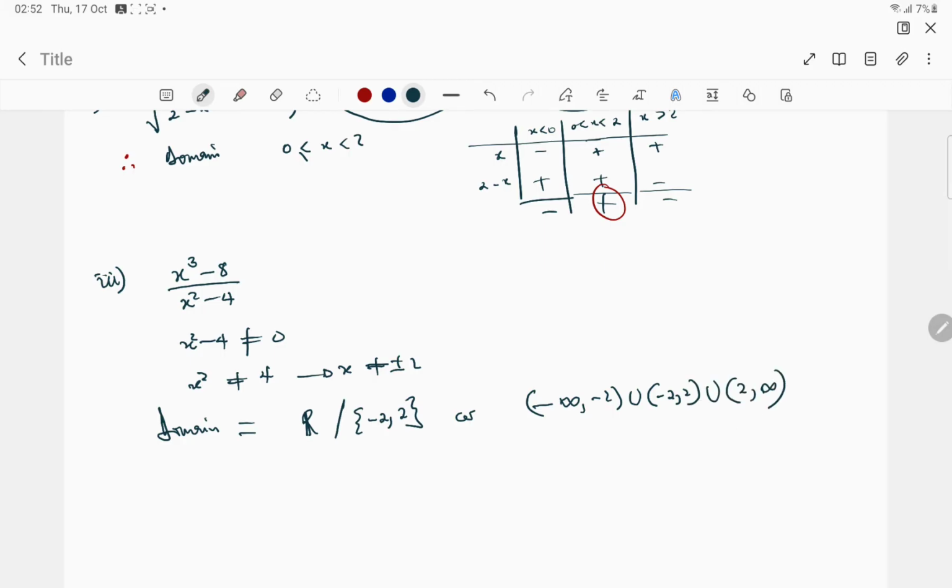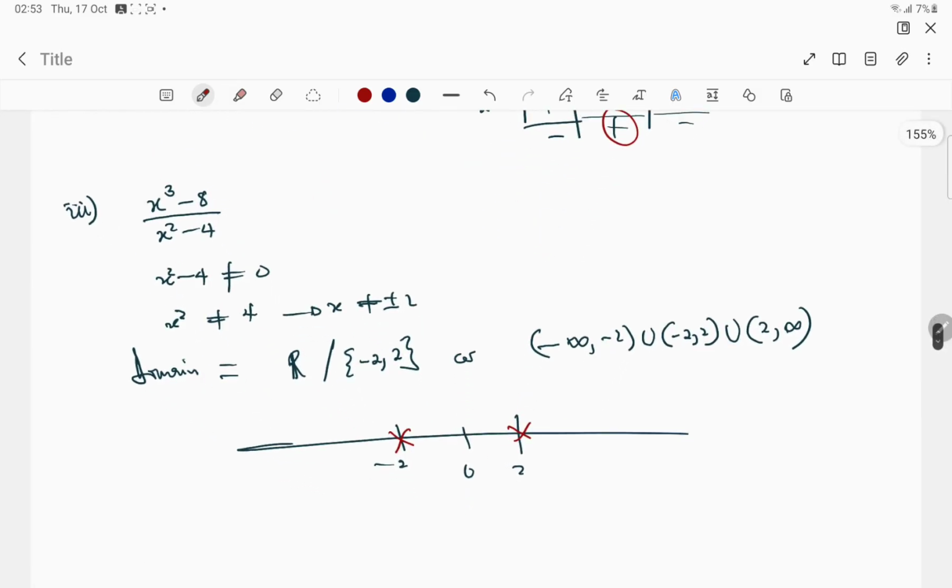You can use either way. On the number line, what I'm just saying is we are just excluding these 2 points. Everything else except these 2 points.